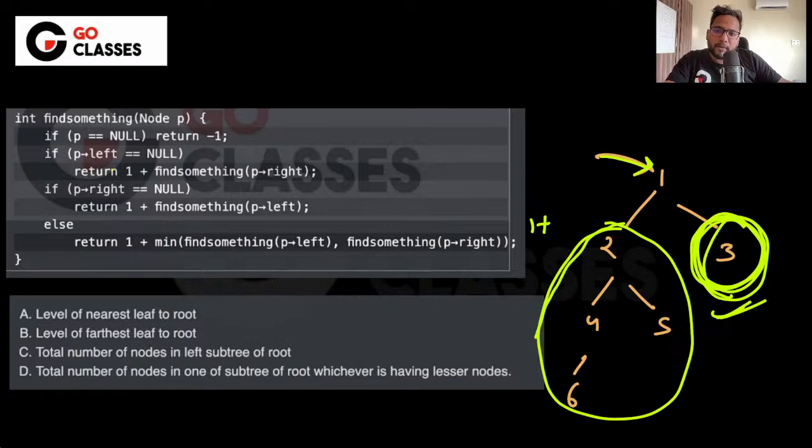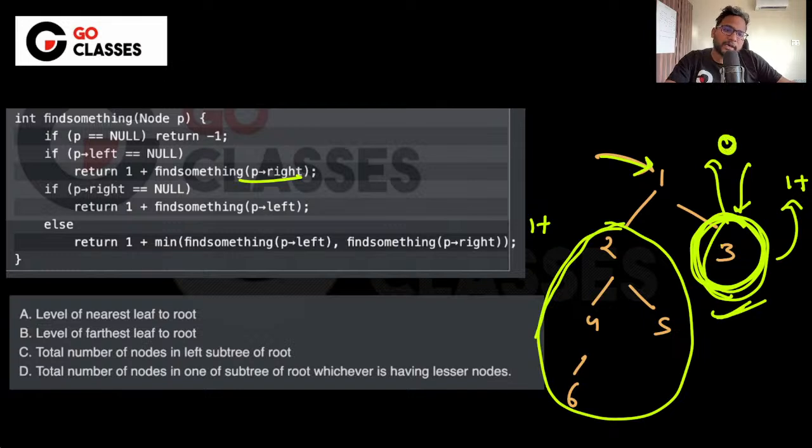Now what will happen? If left is null, then you will directly return 1 plus find something on the right. So I will go here and check if left is null. Since the left is null, this will be returning 1 plus find on the right, and the find on the right is actually null, so it will be returning 1 plus -1, so it will be returning 0, right?